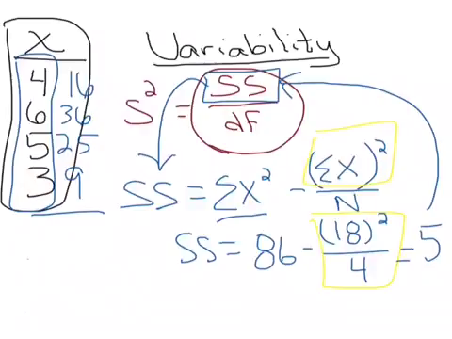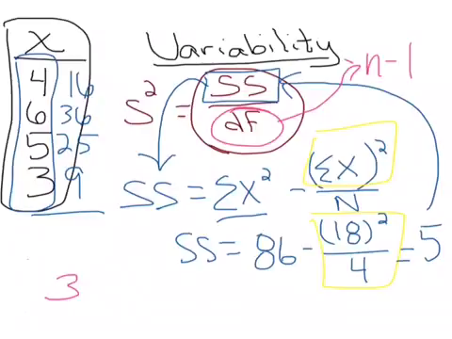Now we're going to work on the final equation, looking at degrees of freedom, which is literally n minus 1. So I'm going to draw a little arrow here, n minus 1. And n is sample size. That's simple. 4 minus 1 is 3, right? So here we have 3.